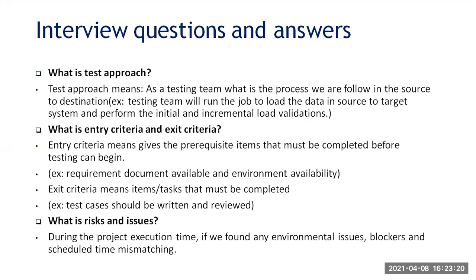Next one is what is entry criteria and exit criteria. Entry criteria gives the prerequisite items that must be completed before the testing can begin. Example, requirement document available and environment availability. Next one is exit criteria, meaning items or tasks that must be completed. For example, test cases should be written and reviewed.